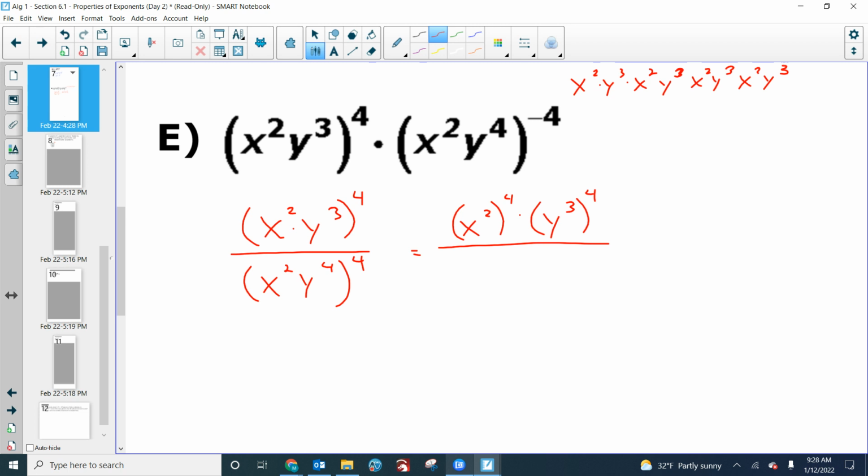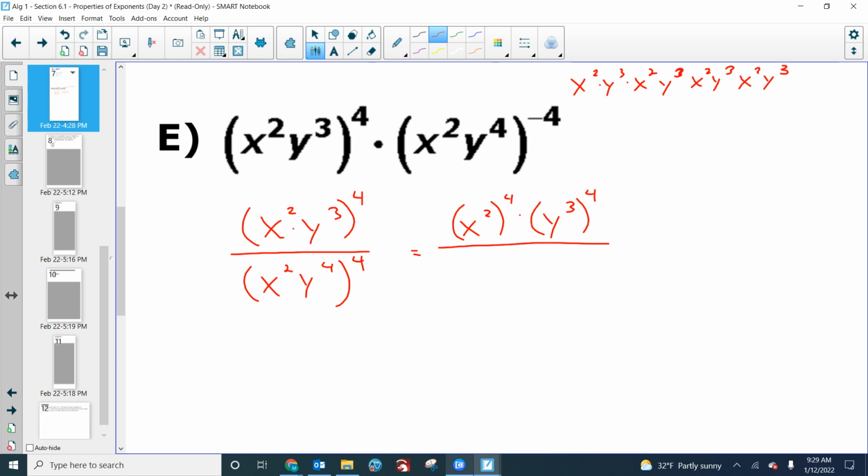X to the 6th. Does that make any sense at all? You don't want to do this every time. Okay? X squared to the 3rd power. Power raised to a power. You multiply the exponents. X to the 6th. Do you agree?